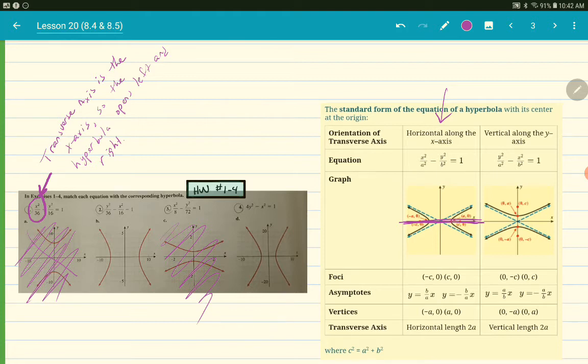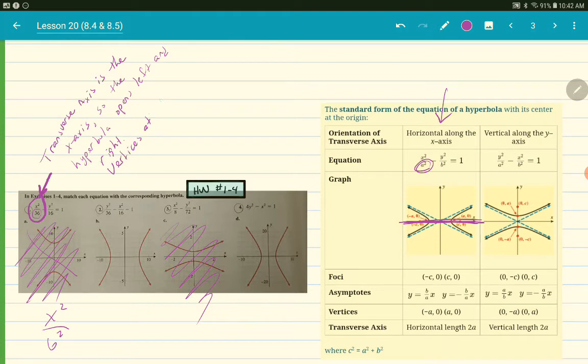So now to decide between B and D, I think, okay, what else can I look at? Well, I can look at the vertices. The vertices is underneath that first term, which is 36. So I can really write that as x squared over 6 squared, because remember our a is squared over here. So we're going plus and minus 6 from the center.